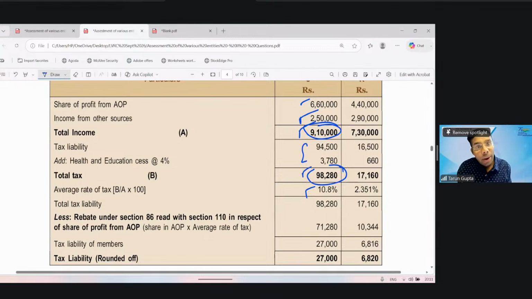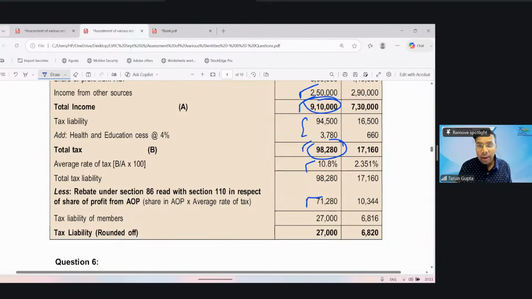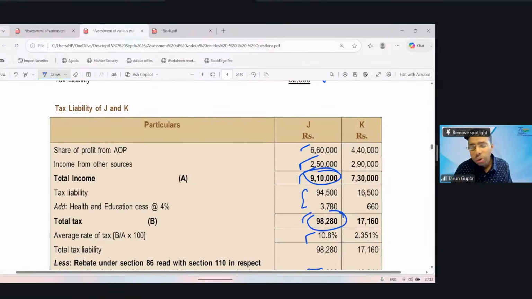I'll apply this rate to the share of income from AOP, which comes to 71,280. And this is the amount of rebate which Mr. J shall be eligible for. The net tax liability shall be 27,000. Clear?